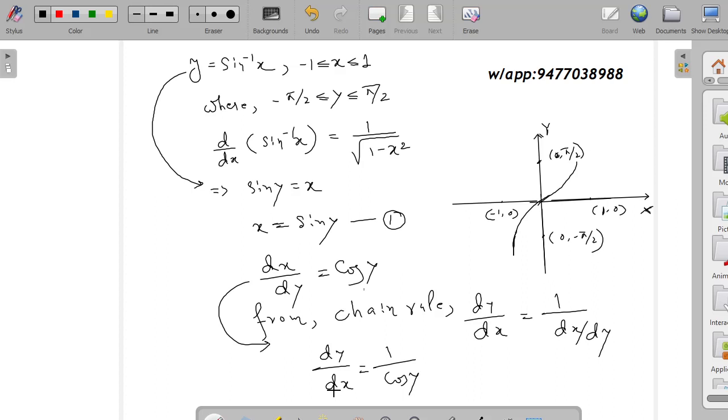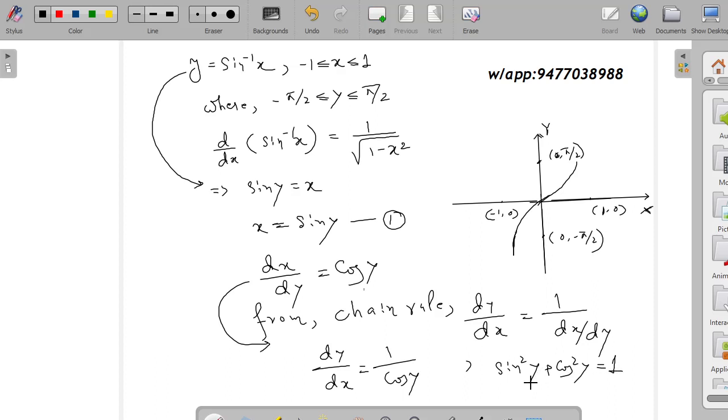Now here we should make use of a trigonometrical identity. We know that sine squared y plus cos squared y equals unity, 1.